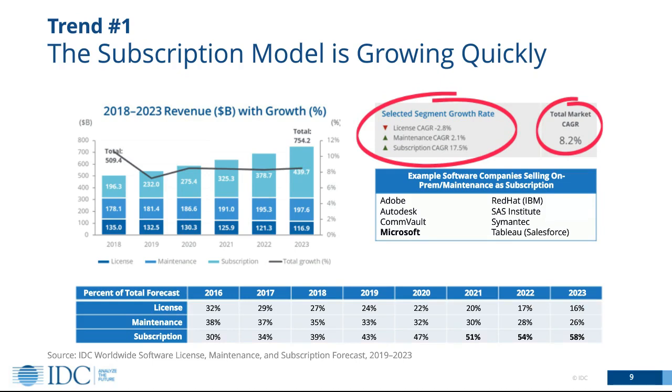And I've got a few of those companies listed. Microsoft is in bold because last year they started and they continue to be aggressive in the next few years of converting a lot of their Office customers over to Office 365 customers. So they'll be moving the needle a lot more over from on-premise licensing to subscription.